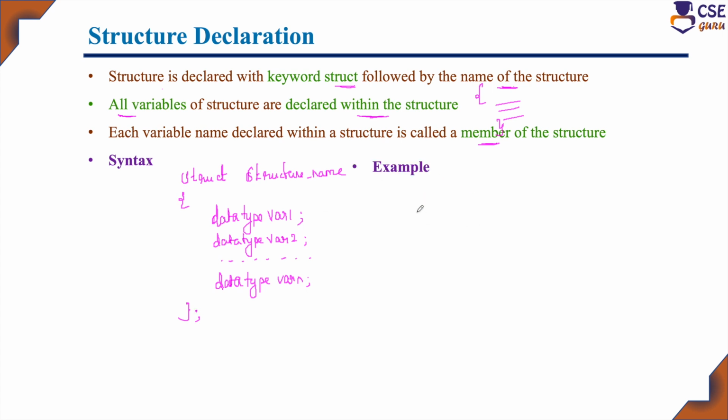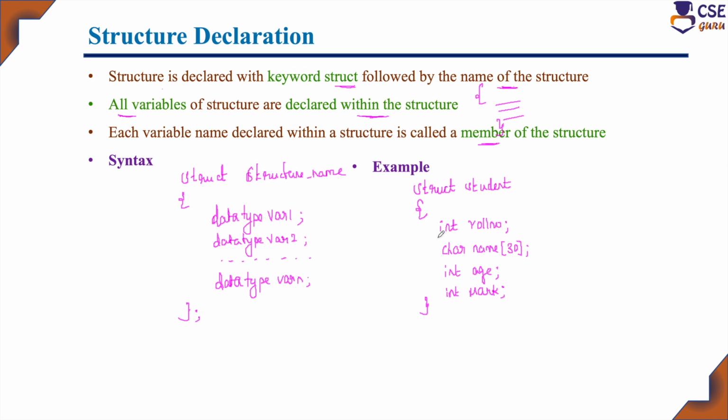For an example, keyword struct, then any structure name. Here I am giving student as the structure name, and within the curly brackets I am declaring int roll number of the particular student, then char name of 30, where you have to specify the size, then int age, then int mark.